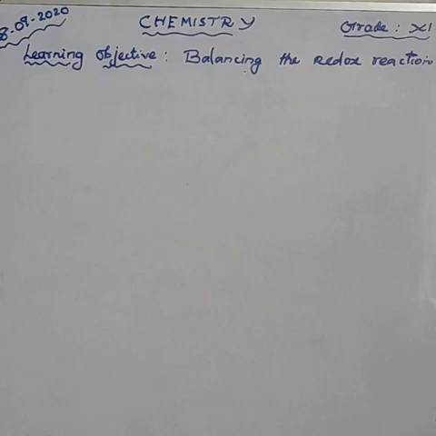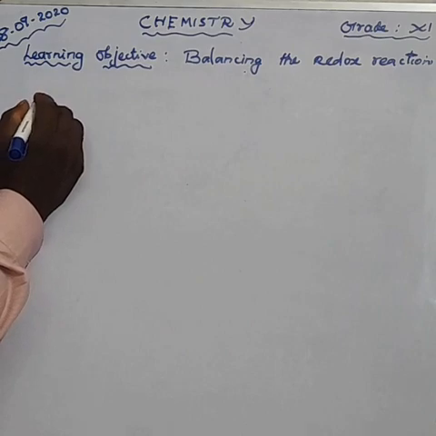The formula is: equivalent weight of KMnO4 in acid medium is equal to molecular weight of KMnO4 divided by the number of moles of electron transfer.